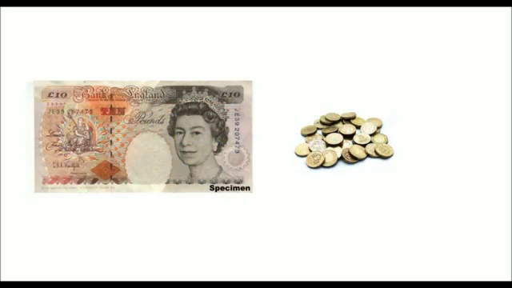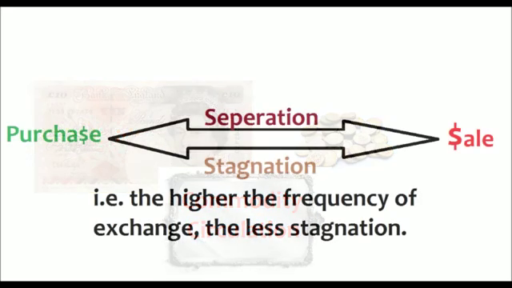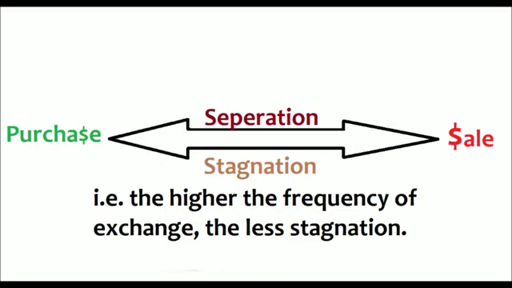Money only reflects the process of commodity circulation, therefore changes in the circulation of money are but reflections of the change in the form of the commodities, and the stagnation of the circulation of money is when people separate purchase from sale more and more, that is, the social metabolism slows down. Therefore, the origin of stagnation can't be seen in circulation itself, the slowing down of which is just the effect of stagnation.